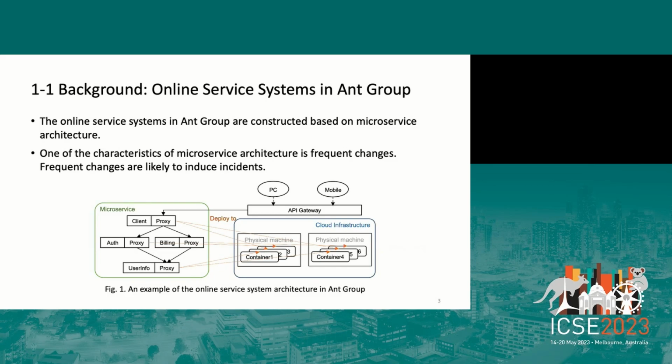The workload is typically 1 million customer requests per minute. One of the characteristics of microservice architecture is frequent changes. There are tens of thousands of changes per day in the system due to software deployment. Such frequent changes are likely to induce incidents.